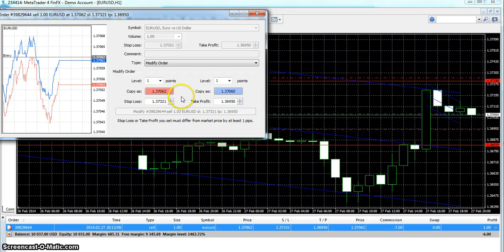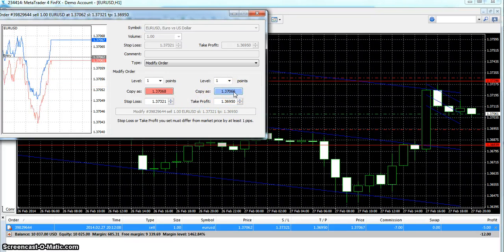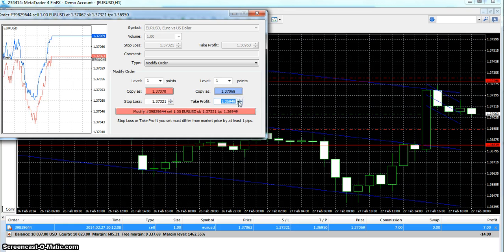So for example, if I wanted 10 pips, I wanted it to make $100, well then I would put my take profit at 10 pips less than what I got in the trade for. So I got in it at 37.06. So right here I'd put my take profit at 36.98. Oops, wrong direction. Okay, 36.98.